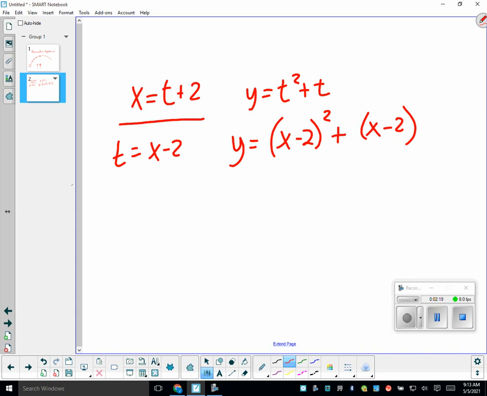Does that make sense to you? So what does y equal? What is this? Plus 4 plus x minus 2. You all remember the shortcut for foiling that, don't you? So what is y equal to?